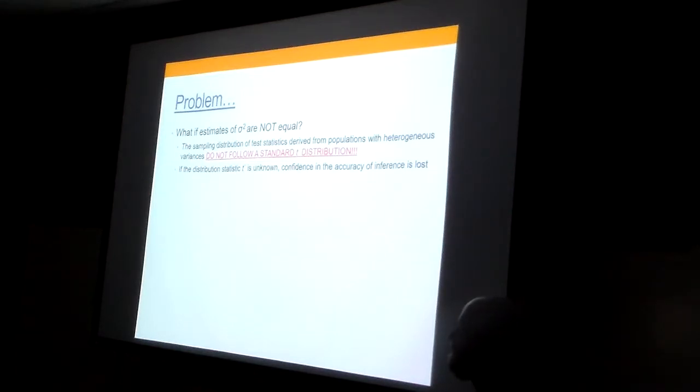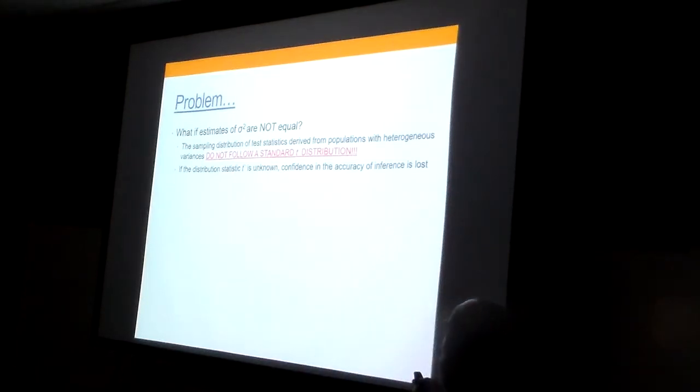Our test statistics that are assumed to follow these nice distributions that we have in books and calculators and things like that no longer do. They've got a different distribution that we don't know about, and that's problematic because we can't assign probability values, since the probability values are all based on area under the curve and where these values are falling, okay? So this is problematic.